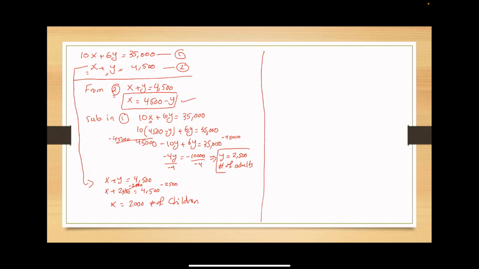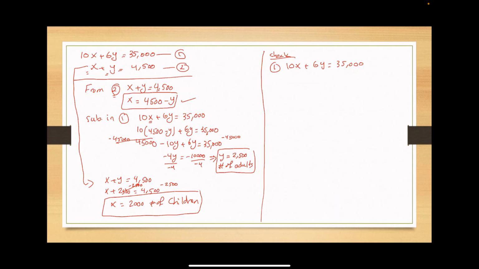If we need to check the result, for equation number 1, we have 10x plus 6y equal 35,000. In other words, the total collection for that day was 35,000.